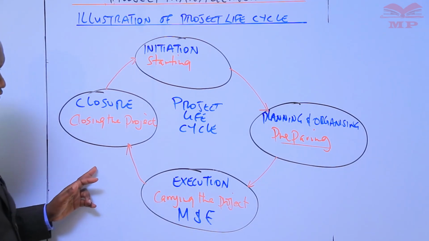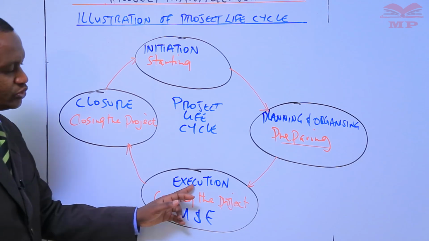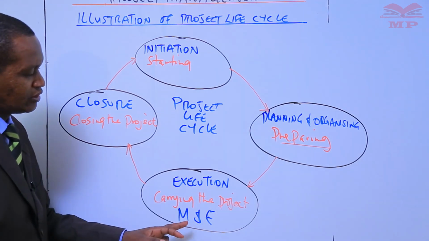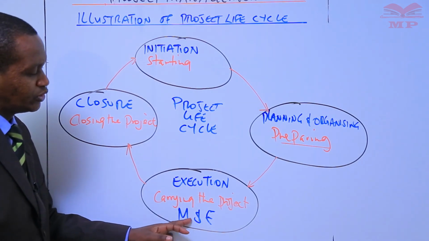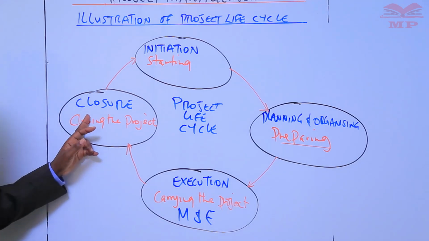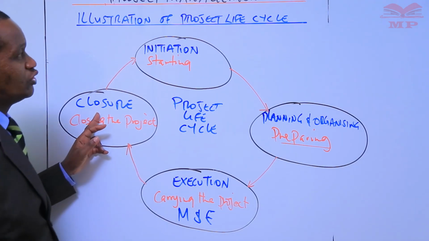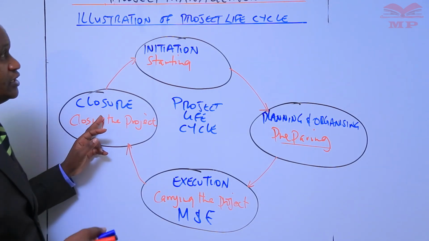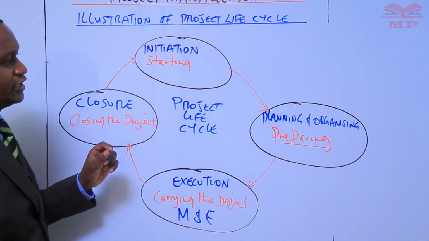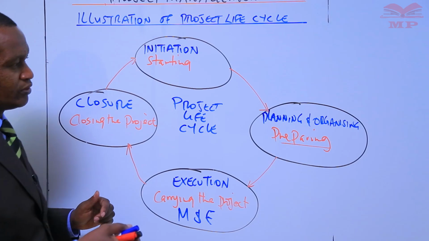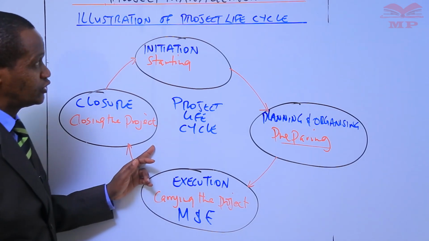So we may have 5 stages, but these are just 2 in one: execution and also monitoring and evaluation, then closure. So this is the illustration of a project life cycle. And that will mark the end of the lesson.